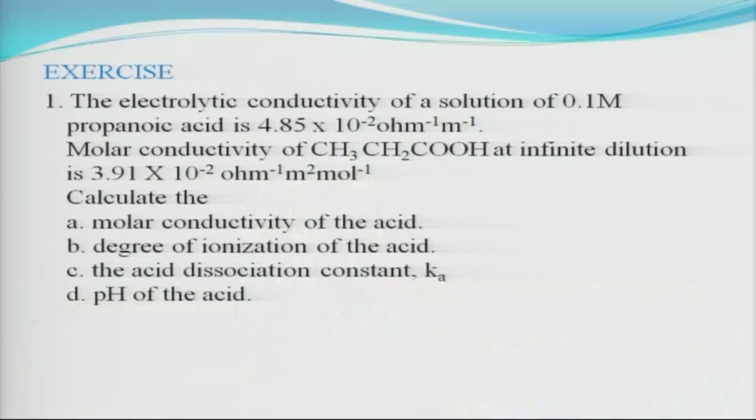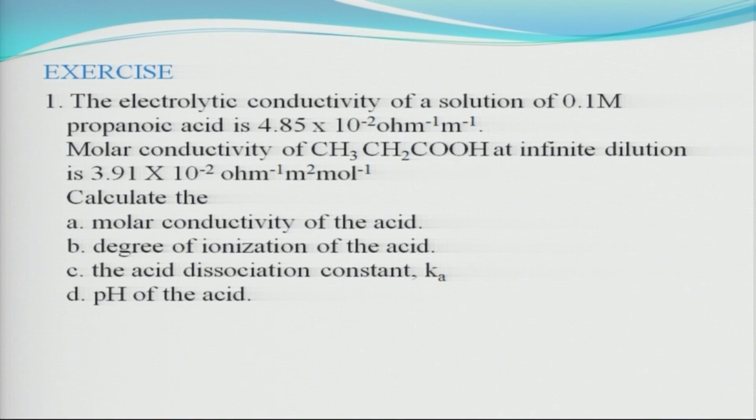So here we have an exercise. I want you to try out this exercise about the calculations we have been doing. The first question says that the electrolytic conductivity of 0.1 molar propanoic acid is given, and the molar conductivity at infinite dilution is 3.91 times 10 to the power negative 2 per ohm meter squared per mole.